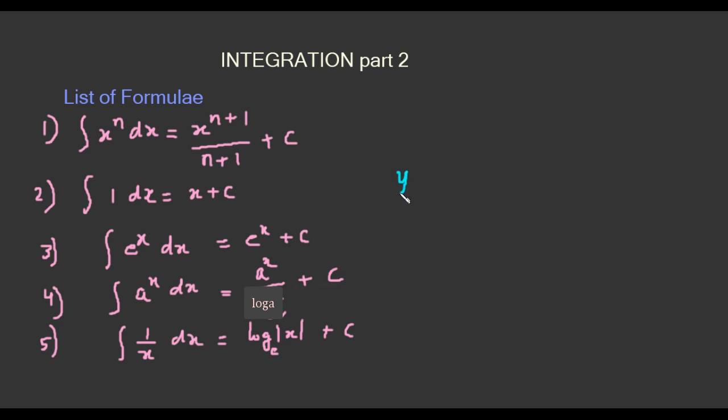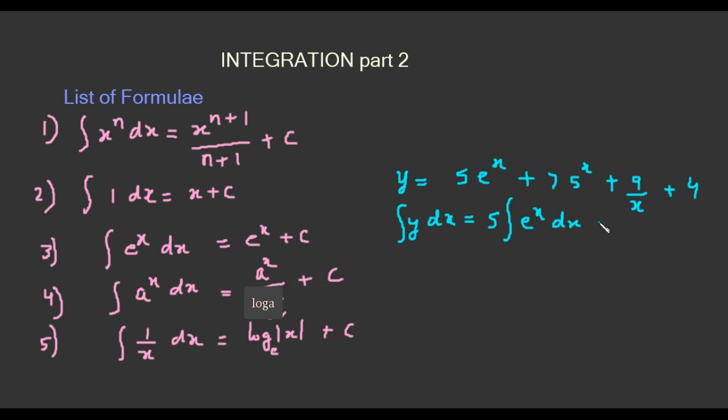Suppose we have to find the integration of this expression. Integration of y with respect to x becomes 5 times integration of e raised to power x plus 7 times integration of 5 raised to power x with respect to x plus 9 times integration of 1 by x with respect to x plus 4 times integration of 1 with respect to x.